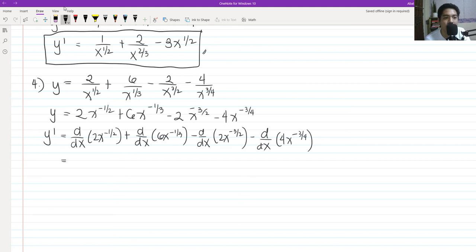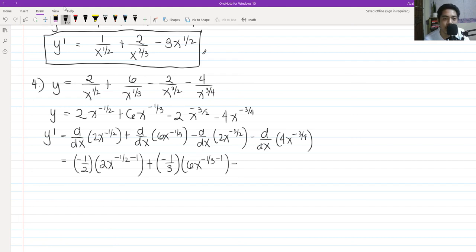So getting the derivative using the power rule, we have negative 1 half multiplied by 2x raised to negative 1 half minus 1, the exponent. Then we have plus negative 1 third, this is our n, multiplied by 6x raised to negative 1 third minus 1.